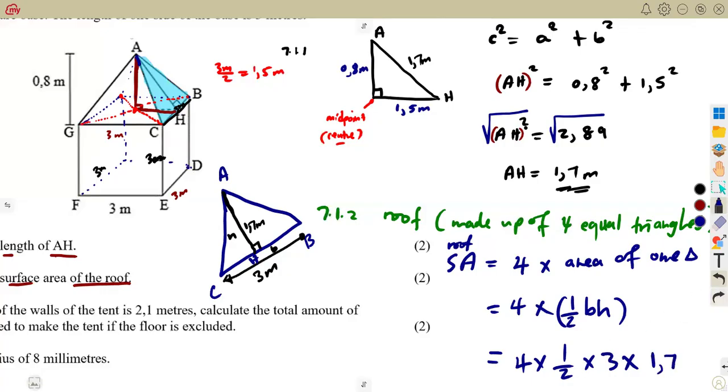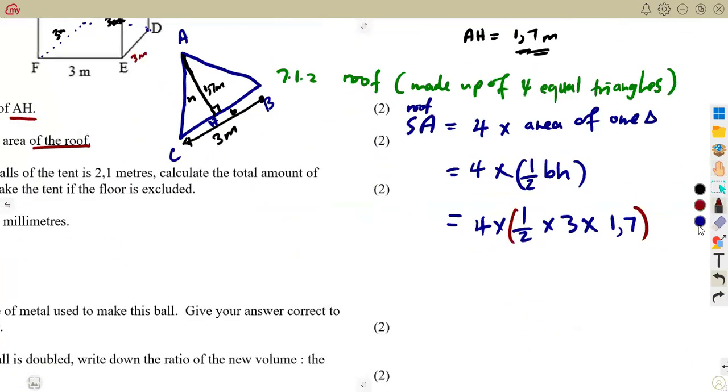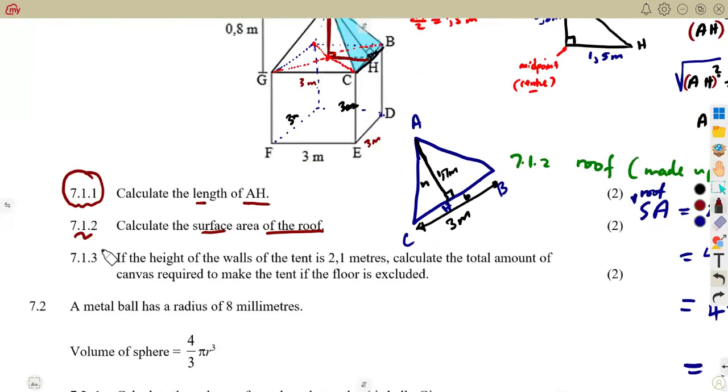So this is the area of one triangle. But we say there are 4 of them forming the roof. So that was going to be 10,2 if you multiply everything, square meters. So this is the roof, the top, made of 4 triangles. All right. 7.13.